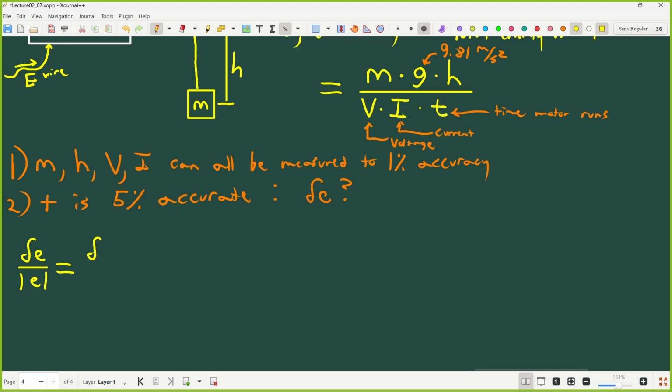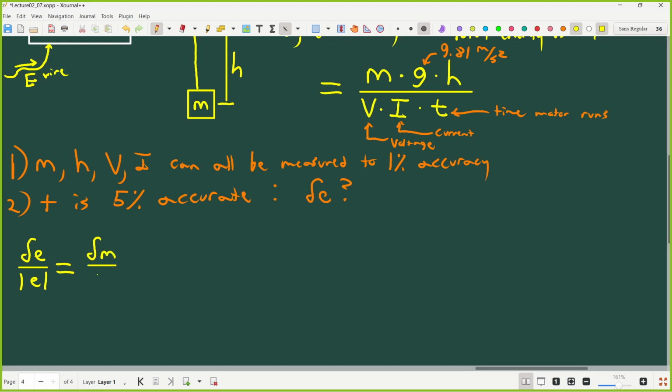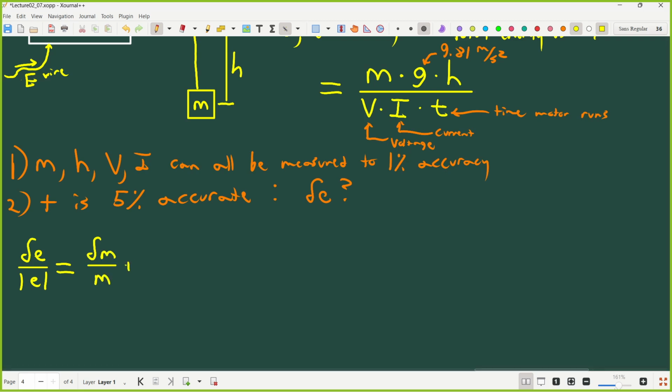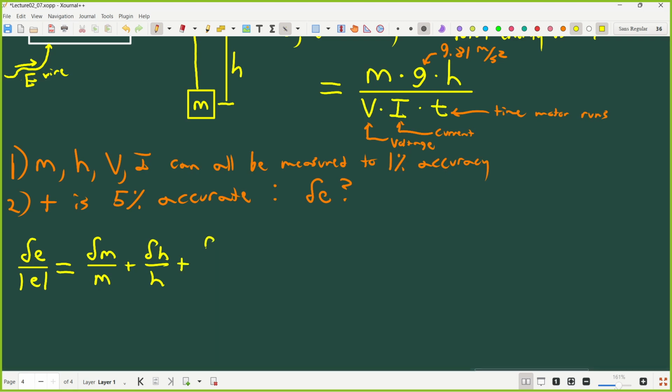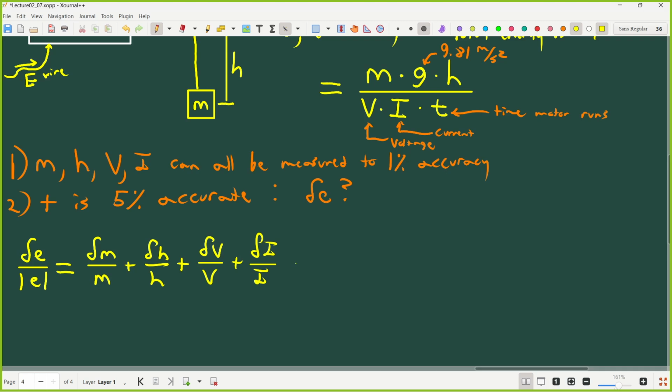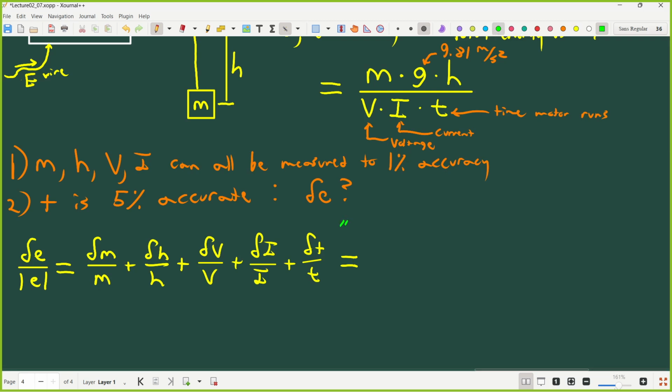So first, it's equal to the error in M divided by M plus the error in H divided by H plus the error in V divided by V plus the error in current divided by current plus the error in T divided by T. Okay, so this is our worst case.